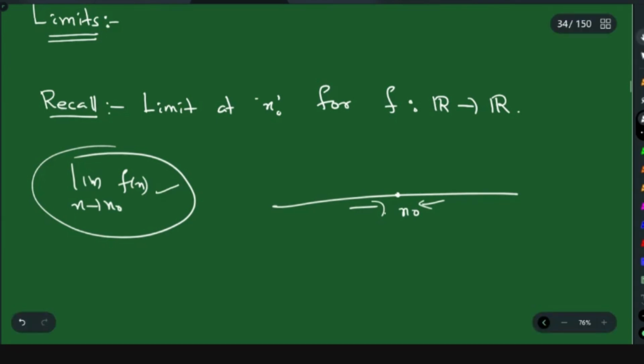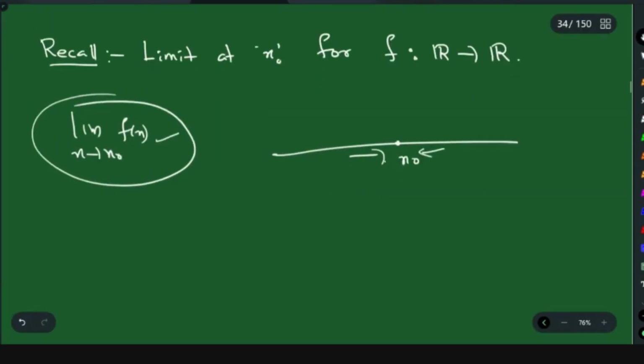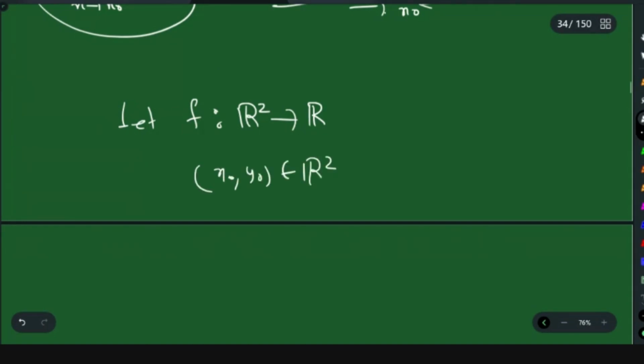In a similar fashion, we can look at the limit in R2. Suppose you take a function f from R2 to R, and (x0, y0) is a point in R2. How do I check whether the limit exists or not?